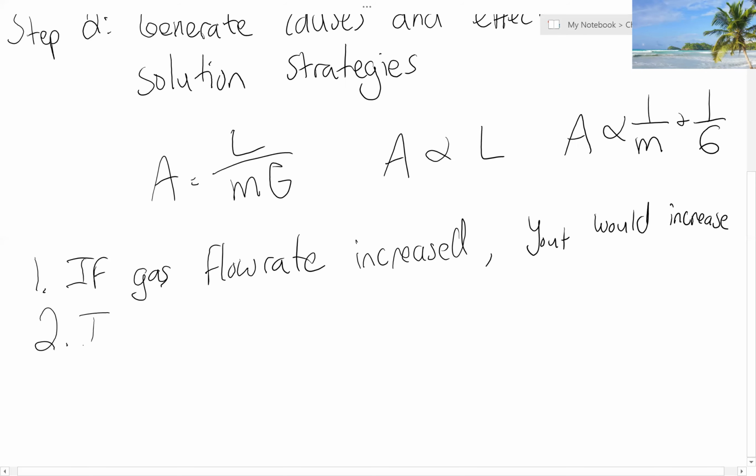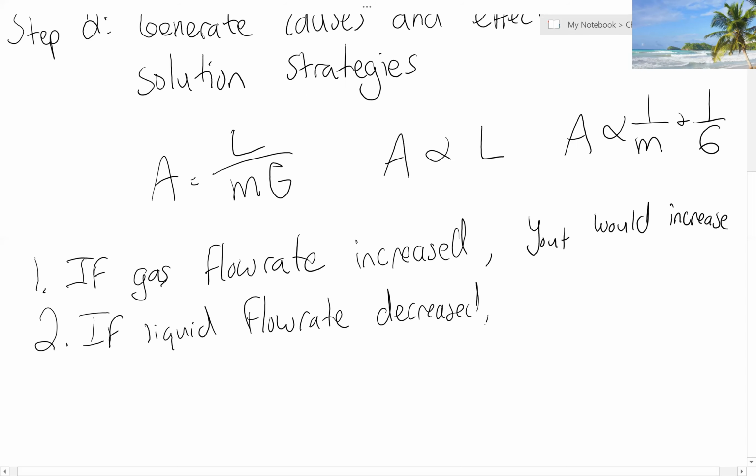Also, if our liquid flow rate, or utility, with this being water, decreased, that would also be the same. I'm just using quotations to kind of show, ditto.